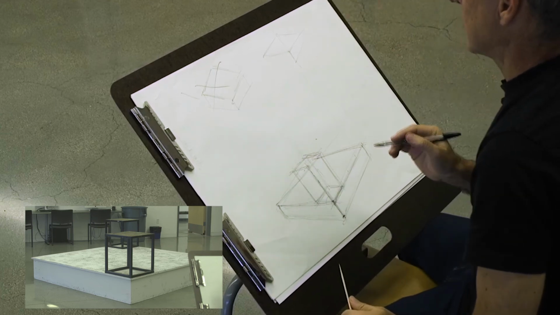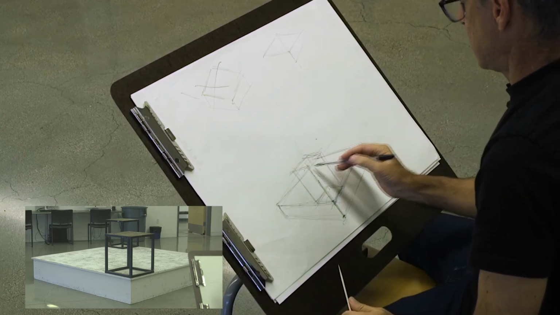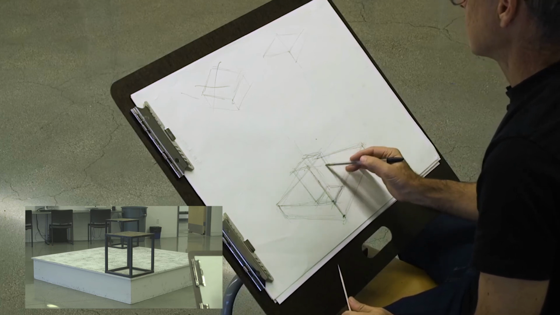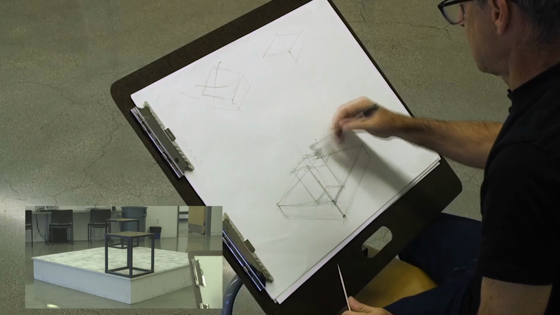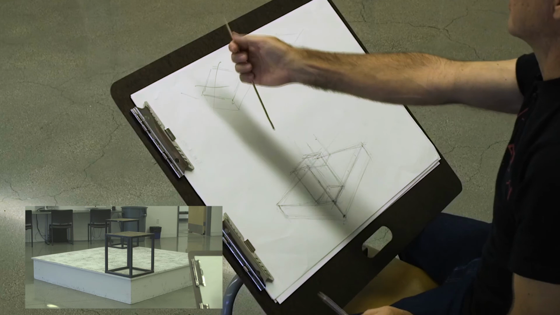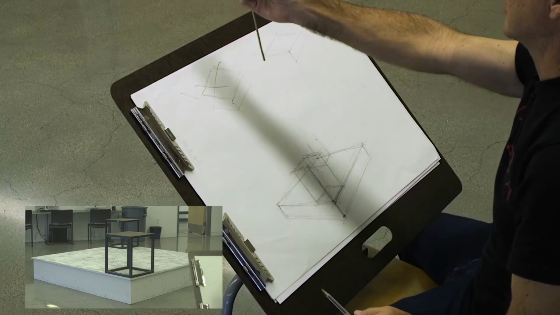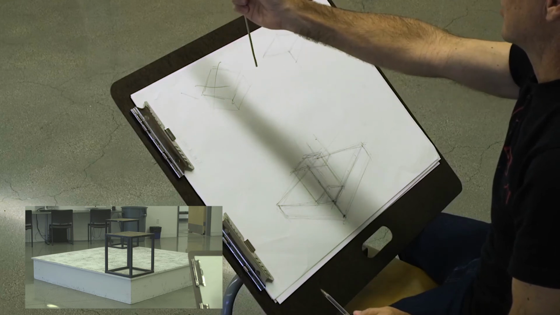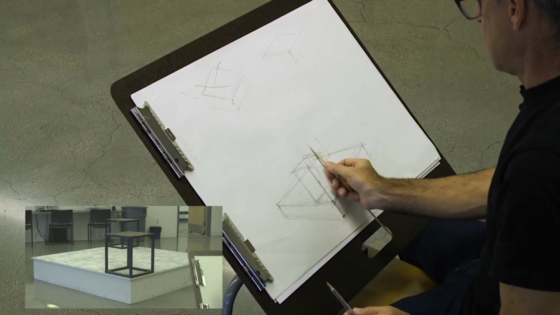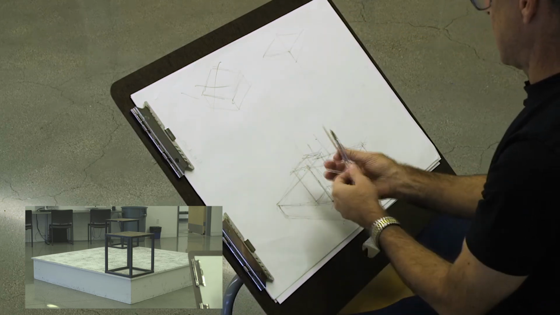In the back, I'm looking again at the footprint. And the footprint is about here. And then I'm going to come up. And I could use, again, my unit of measurement. The closest vertical edge is my unit of measurement to figure out how tall to make that one. And that one is just 1 unit of measurement because it's further away, so it's only about that high.